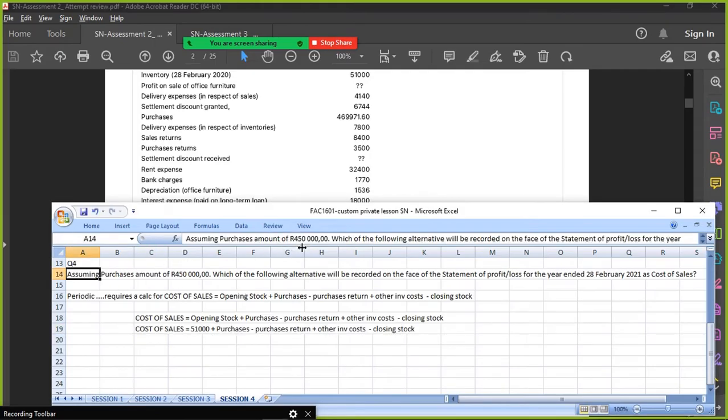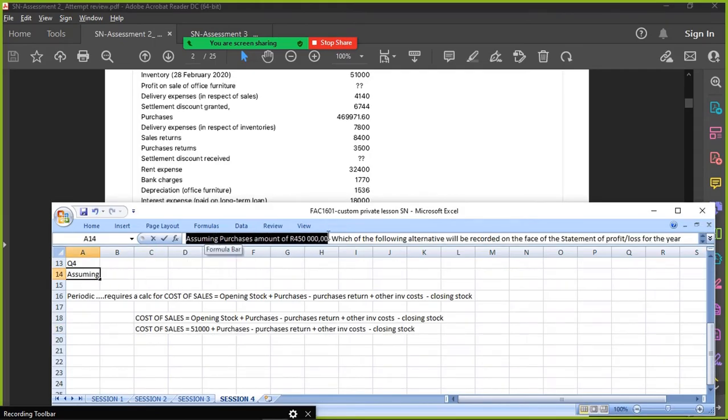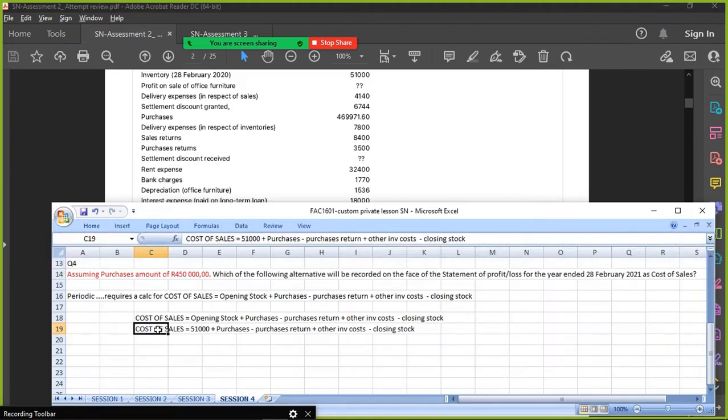Yes, this 450 here. Okay, so they don't want you to use what's in the question. They want you to use that figure. So that's fine. Yeah, so it's different to what they gave you in the trial balance, which is fine. Okay. Yeah, you need purchases there.